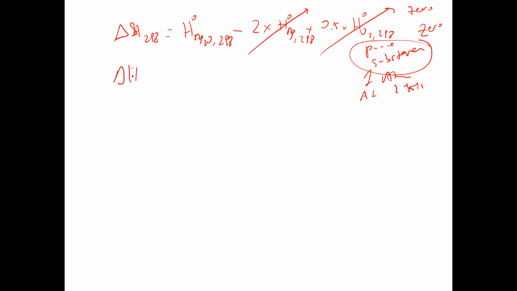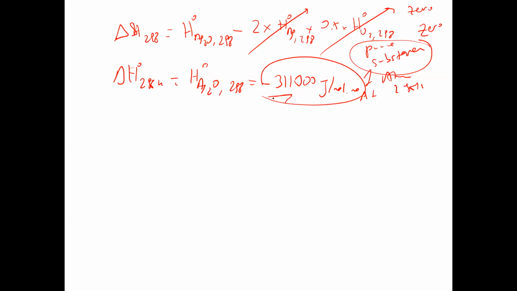And delta H 298 Kelvin is the enthalpy of silver oxide at 298 Kelvin, which is minus 31,100 joule per mole. And this is just the indication. If the reaction goes to the right, this kind of energy is obtained.